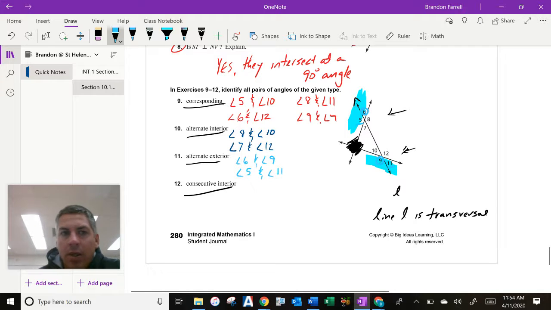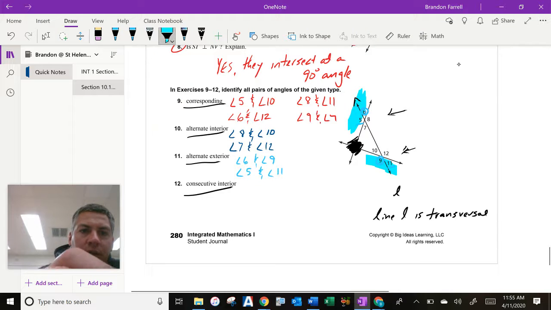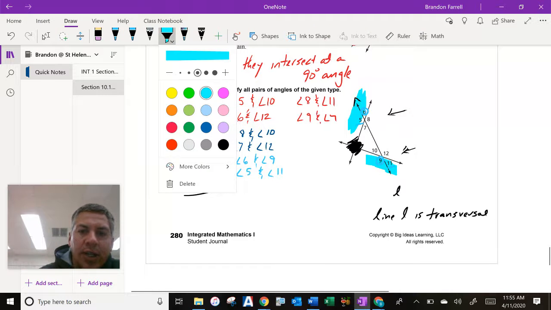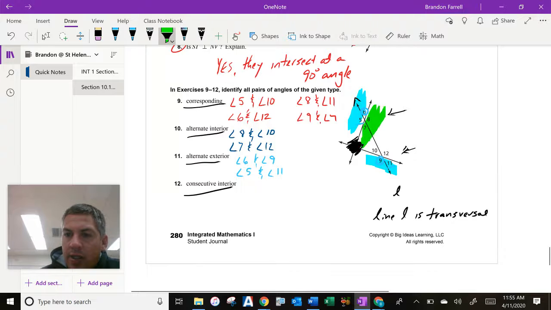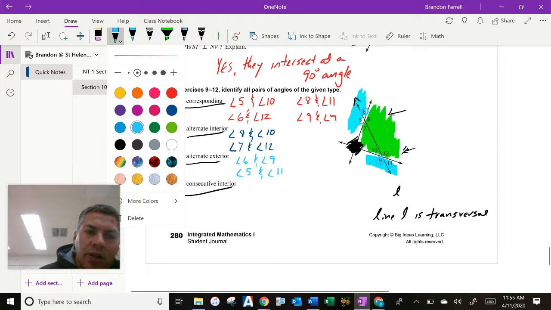Now we want to change gears and go to the interior of those. This is what I would call the interior of the two lines cut by that transversal. So exterior and interior. Now I want to talk about how we find the consecutive interior.